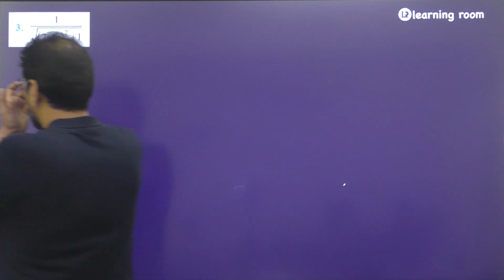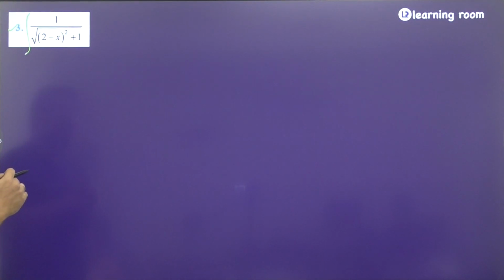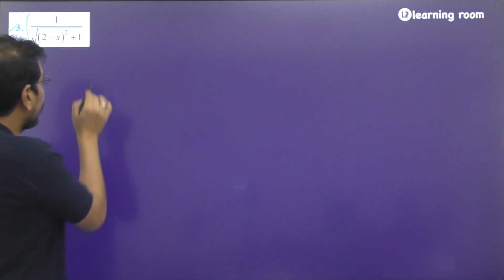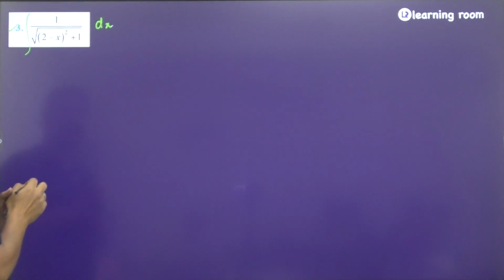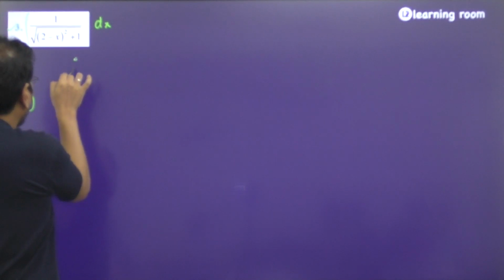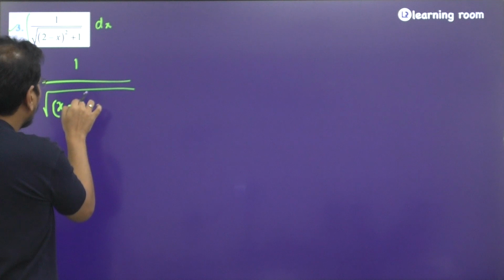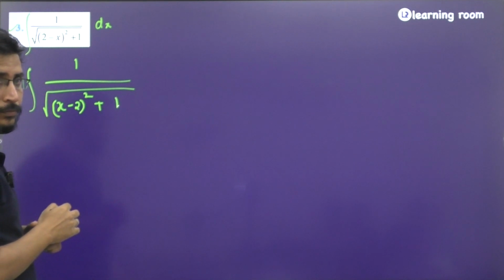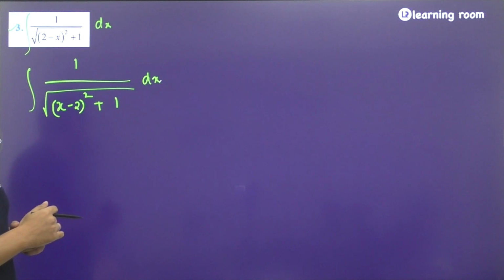So look at the third problem. The third problem is the integral of 1 by root of 2 minus x the whole square plus 1 times dx. So what will this be? Can I write this as the integral of 1 by root of x minus 2 the whole square plus 1? Both are the same. So what will the answer be?